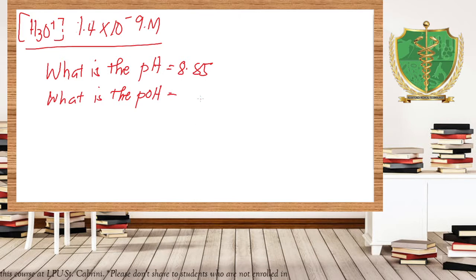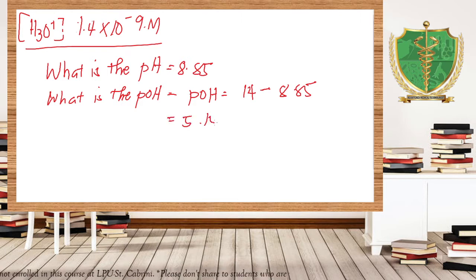Now, what is the pOH? So how to get the pOH? That will be pOH is equal to 14 minus 8.85, which will give us 5.15. This is our pOH.